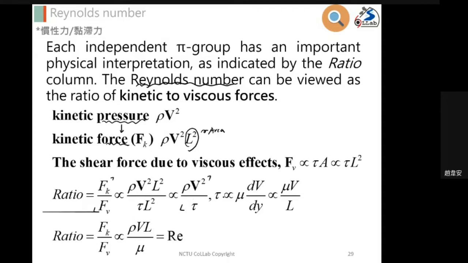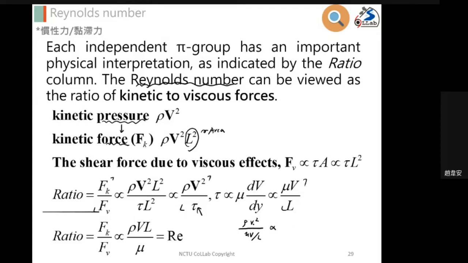And we know that the shear stress is proportional to the viscosity mu multiplied by the velocity gradient. The upper is the velocity and the bottom is the length, and there's the mu. So rho v squared and tau can be replaced by mu v divided by L.